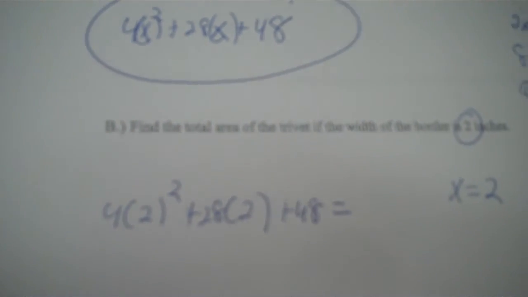Okay, I'm just going to roll that in. So 4 parentheses 2 to the second plus 28 parentheses 2 plus 48 gives me 120. And the label's inches, so it'd be square inches, because you find the area inside of something.